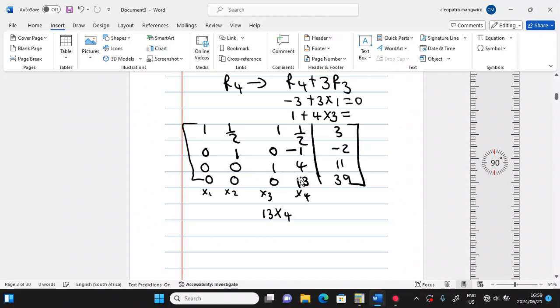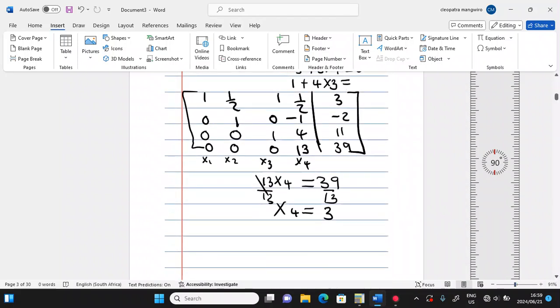Now we do what is called backward substitution. With this last row, 13 x4 is equal to 39. Divide by 13 on both sides and we remain with x4 equals 3. Then we follow with x3: 1 times x3 plus 4 x4 equals 11.